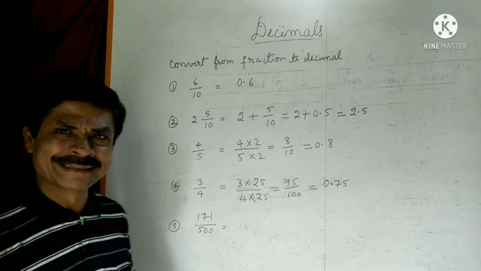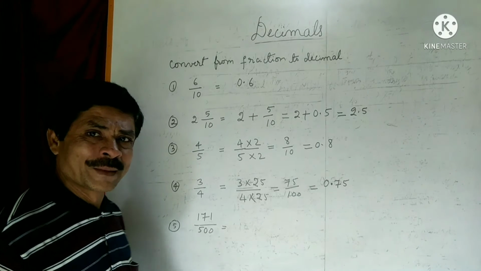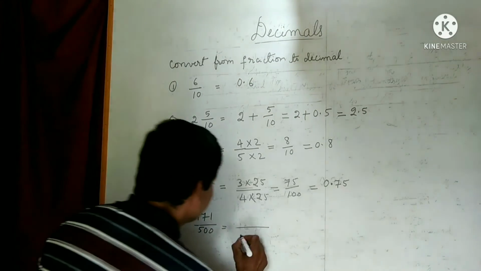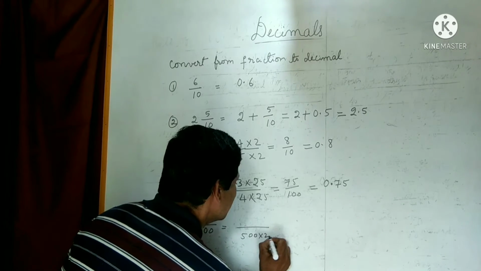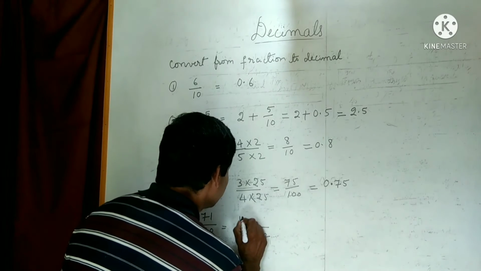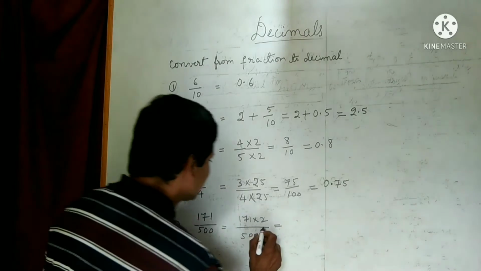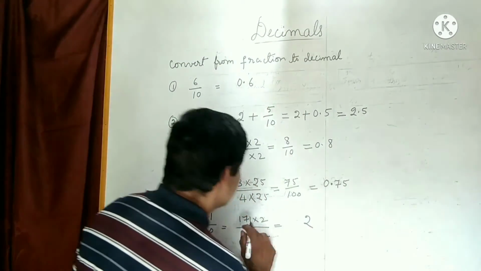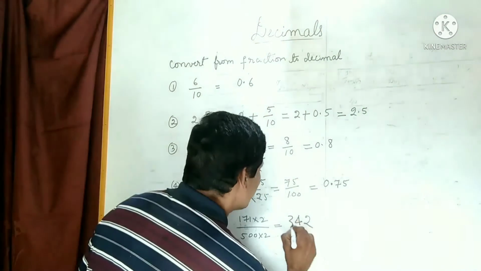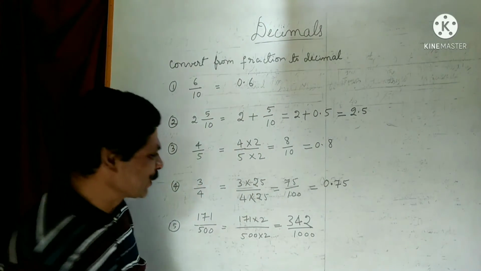171/500. We have to find the denominator, which should be 1000. We will convert this into 1000. So 500 into 2 is 1000, and 171 into 2 is equal to 342. So 342/1000.